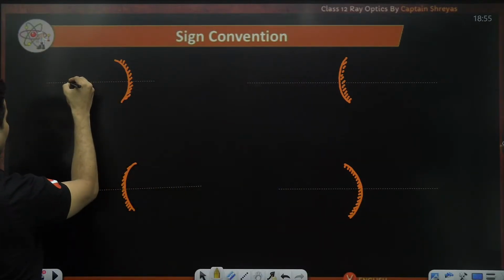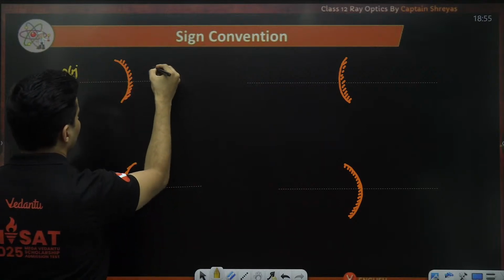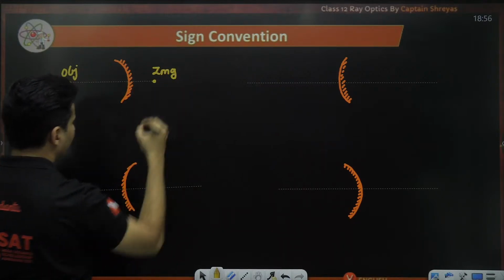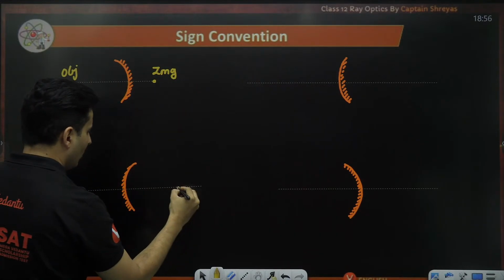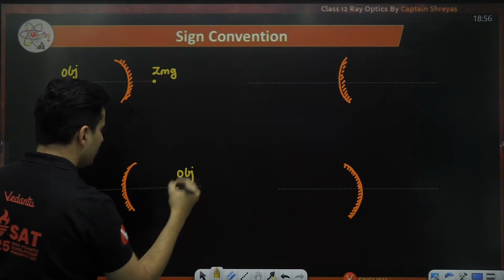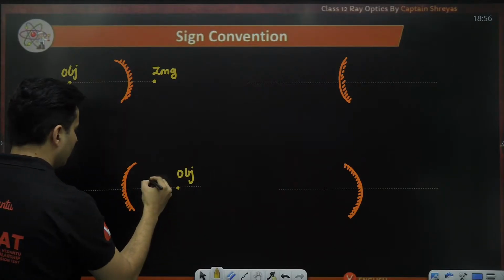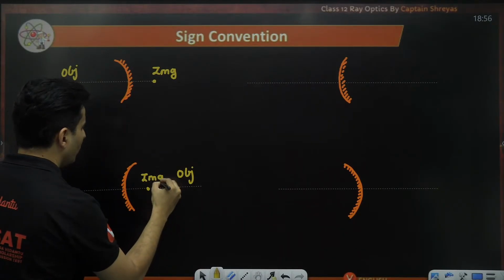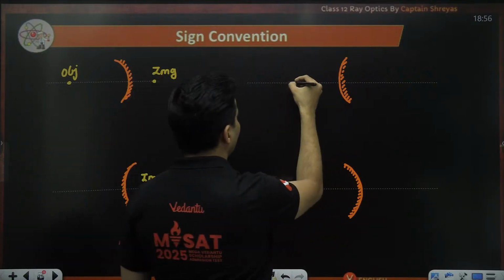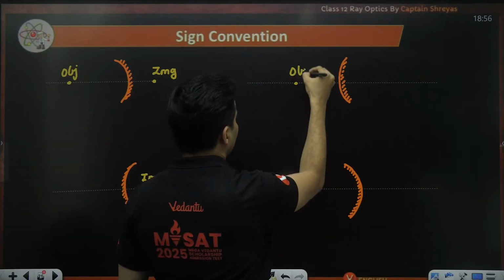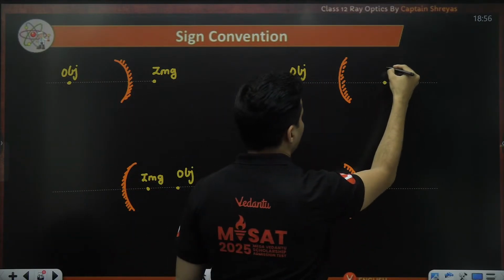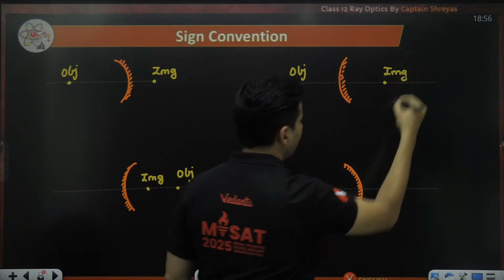Say my object is here. Say my image is here. Say my object is here. Say my image is over here. Say my object is here and image is here.